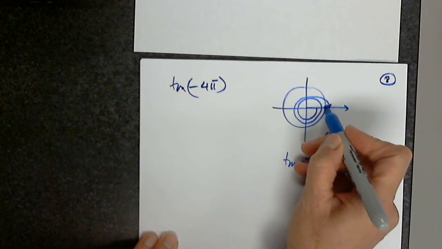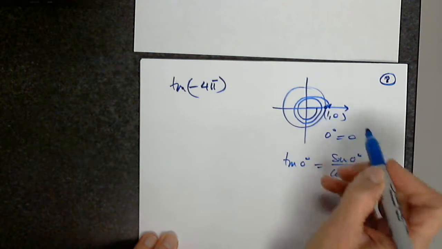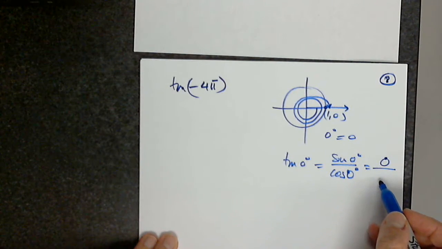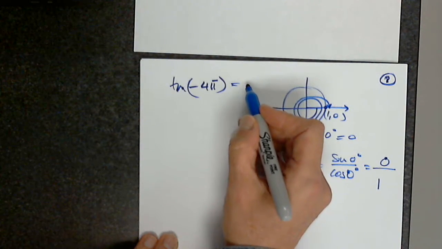And I know the coordinates of this point are 1, 0. So what is sine? Sine is measured on the Y. Good. So how much is sine? Very good. How much is cosine? So what is the answer?